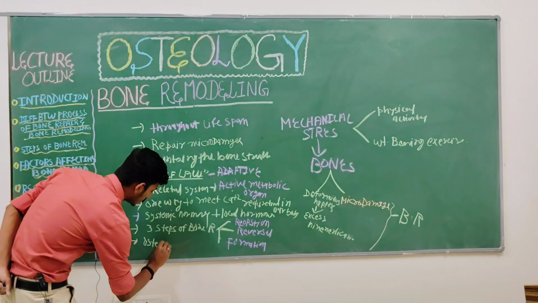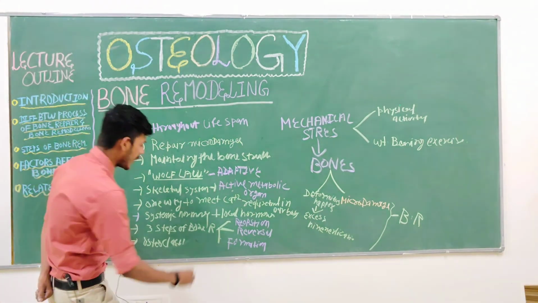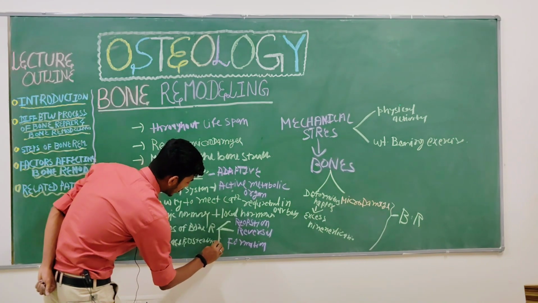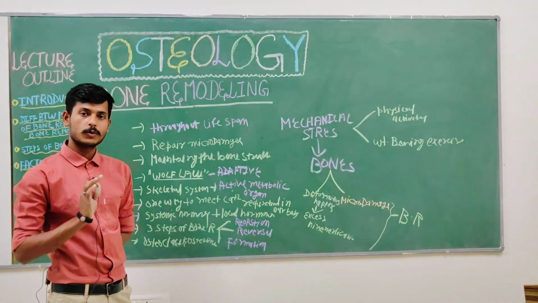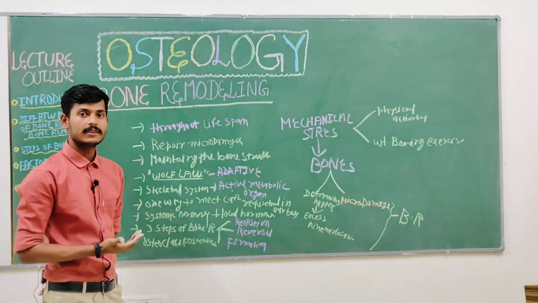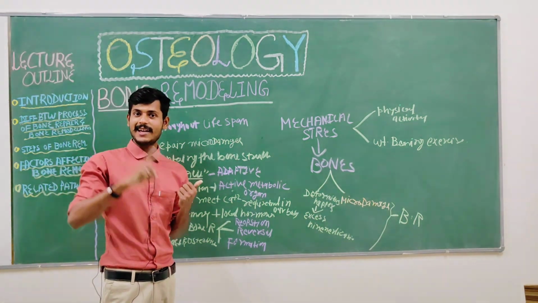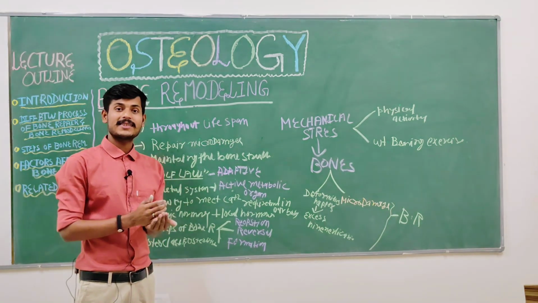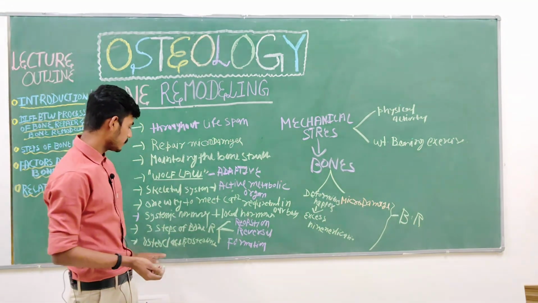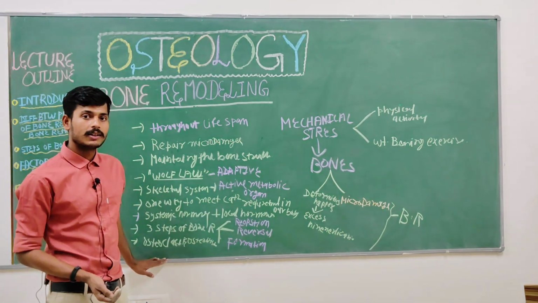Write it down. And osteoblast. Osteoclast and osteoblast are the two bone cells actively involved in bone remodeling. Why am I saying actively involved? Because there is a need for activation of the osteoclast cell first, and then the osteoblast cell.